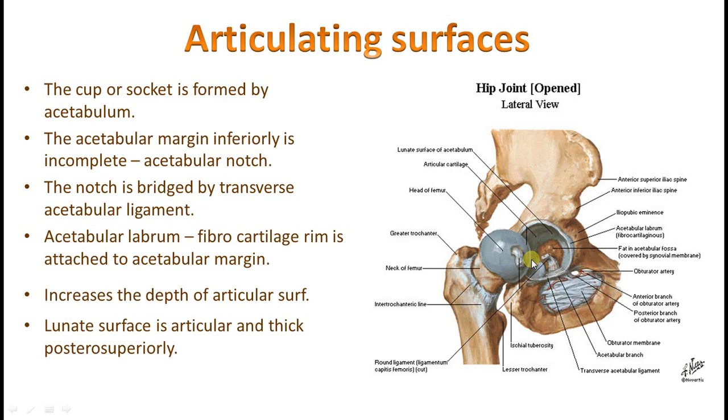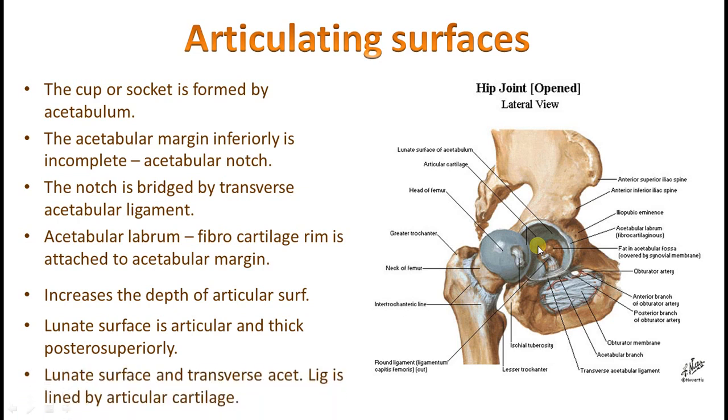When you are standing in extension, the head is mostly impinging on the posterior superior aspect of the acetabulum. In the internal structure of the acetabulum, naturally a lot of lamellae will be there; lamellated bone will be there. As I told you, the lunate surface along with the transverse acetabular ligament is lined by articular cartilage.